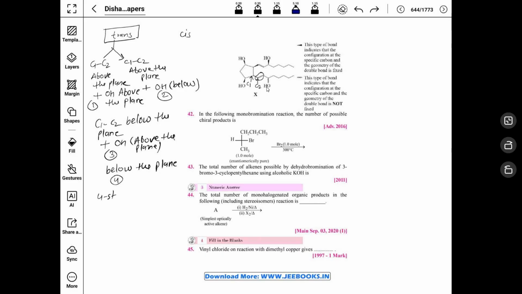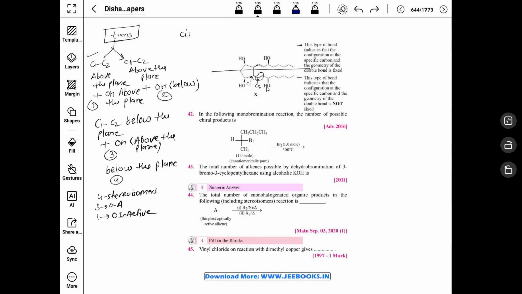And if you see carefully, when this double bond has trans configuration and it is above the plane, and hydroxy is also above the plane, then it has a plane of symmetry. So therefore one is optically inactive. So out of 4, 3 are optically active and 1 is optically inactive.